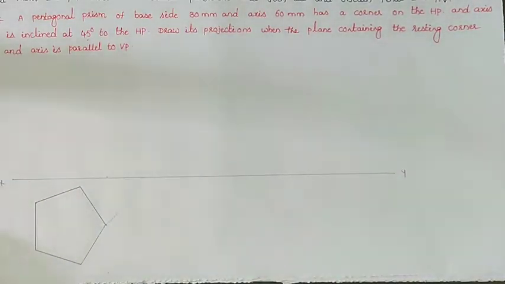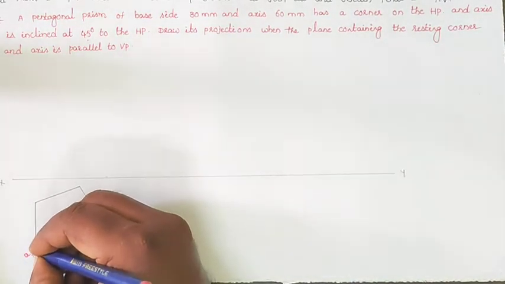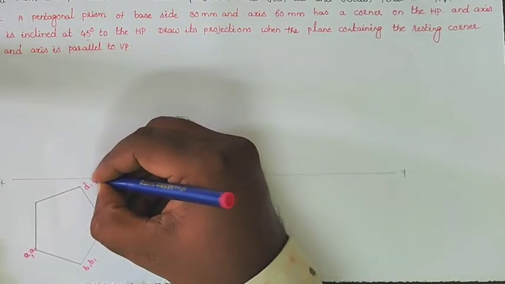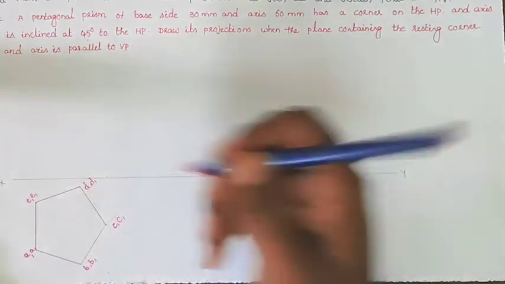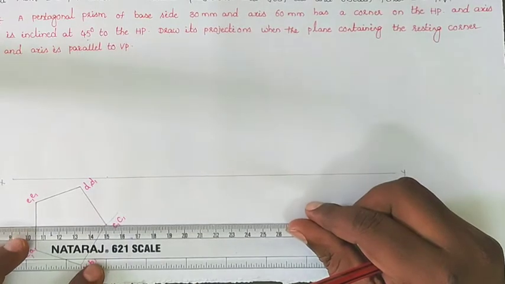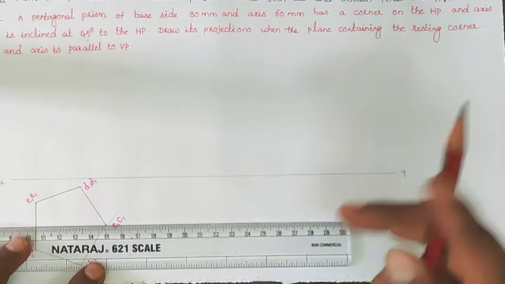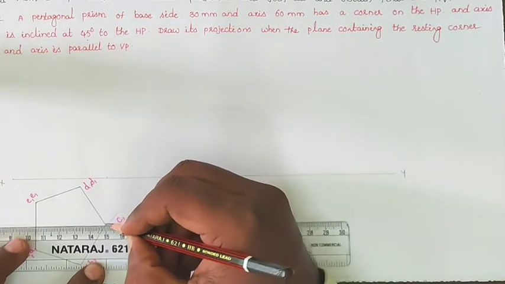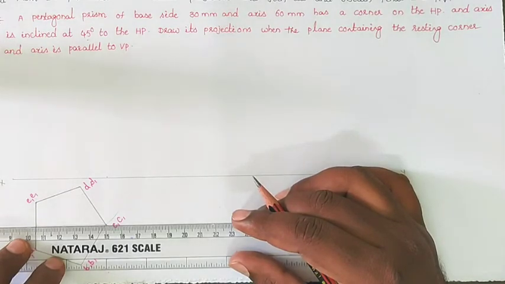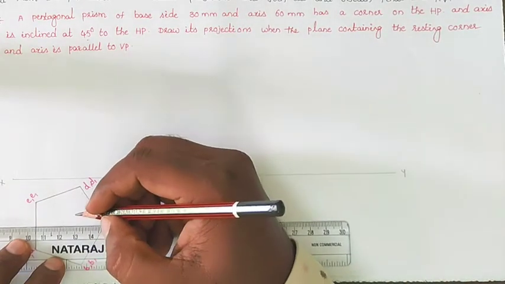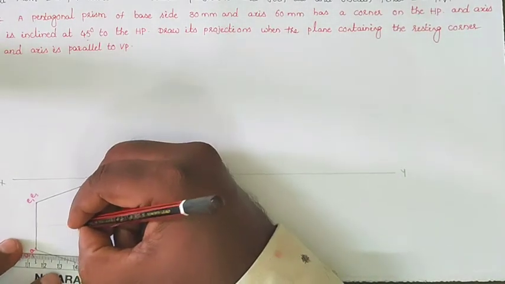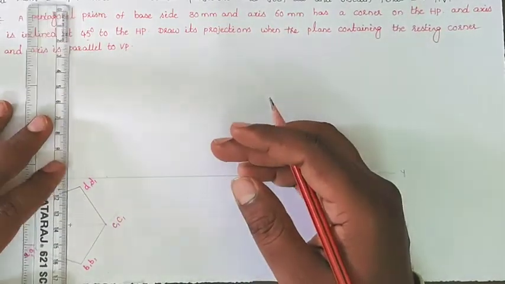After drawing the top view, we give the notations here: A, A1, B, B1, C, C1, D, D1, E, E1. Now locating the center point. How do we find the center point of the top view? For this side, the fixed corner is C, C1. Draw the horizontal projection line. Measure this line length, we will get 45. Measure the midpoint of this line and locate the center point here. From the center we will draw the axis line.